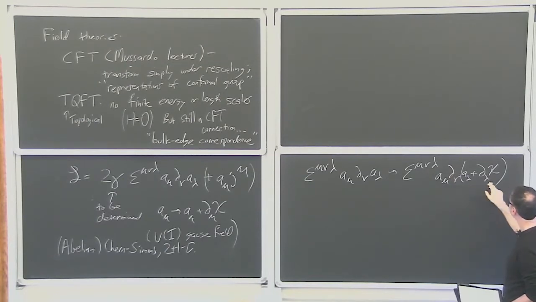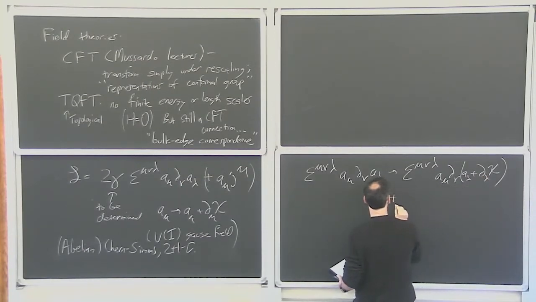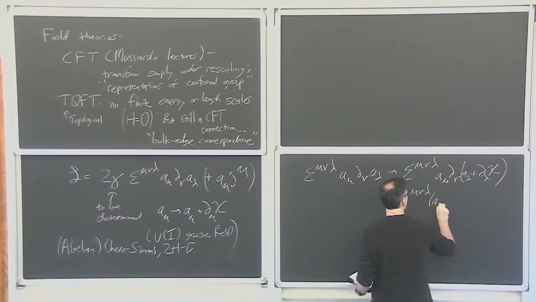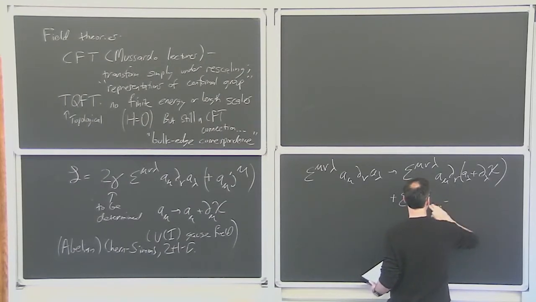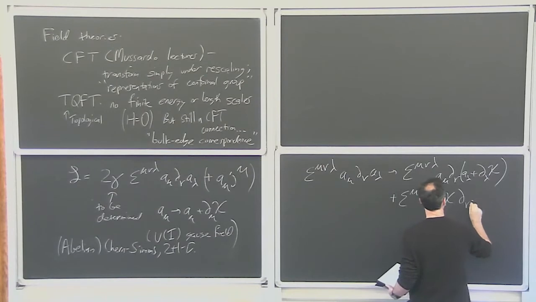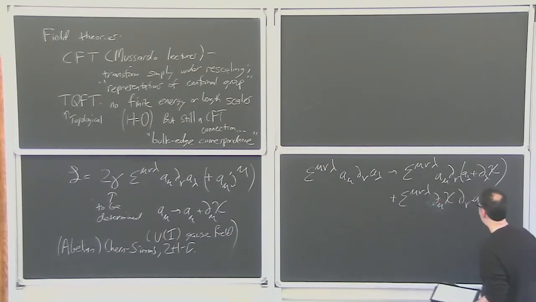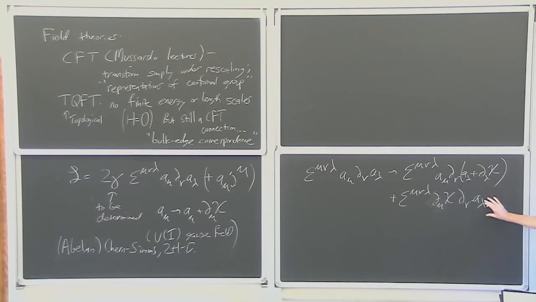So because this part is even under changing those two indices, that will give me 0. But then I've got a part which is epsilon mu nu lambda A mu, well, now I just have left the d nu chi, d mu A lambda.